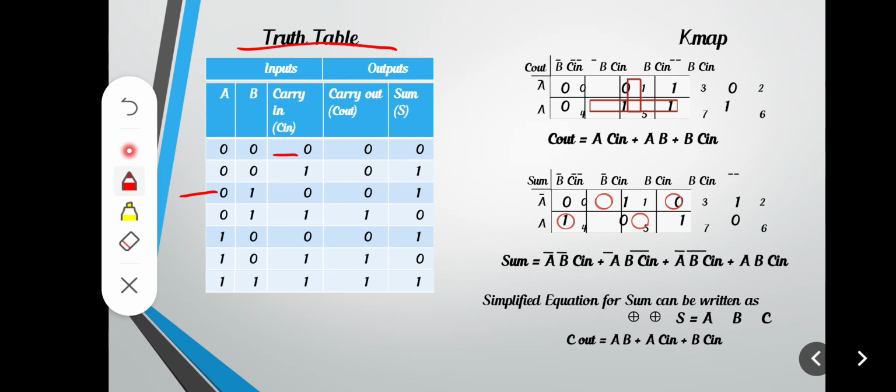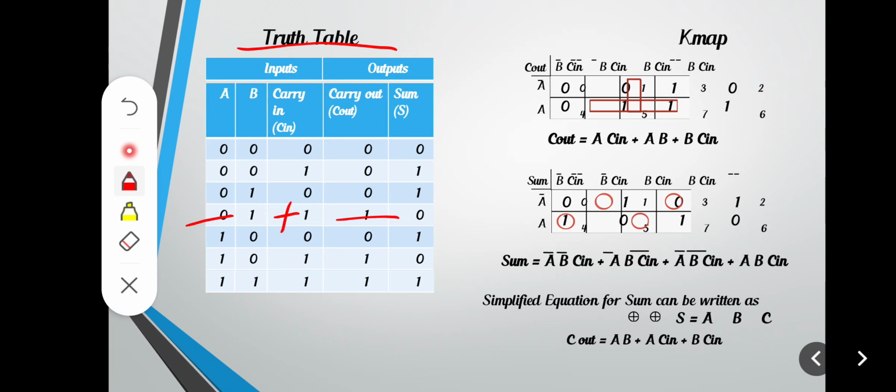Then in the third row, 0 plus 1 is equal to 1 and then 1 plus 0 is equal to 1. That means in the third row the sum is equal to 1 and the carry bit is equal to 0. Likewise, in the fourth row, 0 plus 1 is equal to 1 and 1 plus 1 is equal to 0 with 1 as carry.